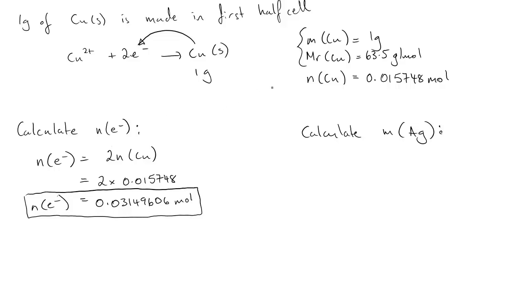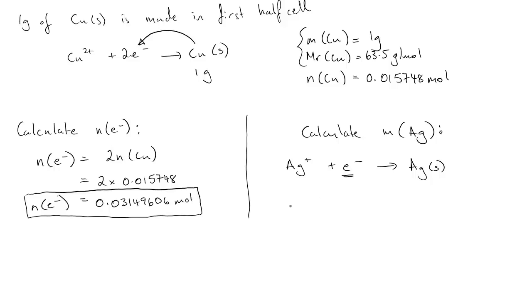Because this is connected in series, at every half cell you're going to have the same mole of electrons passing. To calculate the mass of silver, we first write out our half equation. We know how many moles of electrons we have from this calculation. Just because there's a different factor in front, it doesn't change the mole of electrons passing through the system.